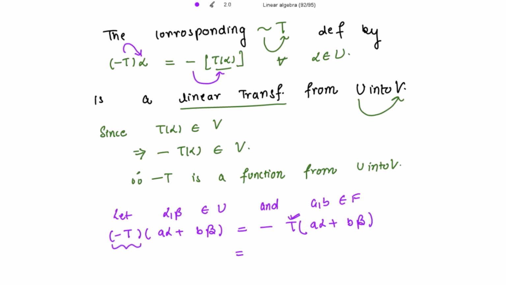T is a linear transformation, I know that. So let's apply the definition of a linear transformation. This will be minus of a into T(alpha) plus b into T(beta). Reason: T is a linear transformation and a and b are scalars. So I can write this as a into minus T of alpha plus b into minus T of beta.